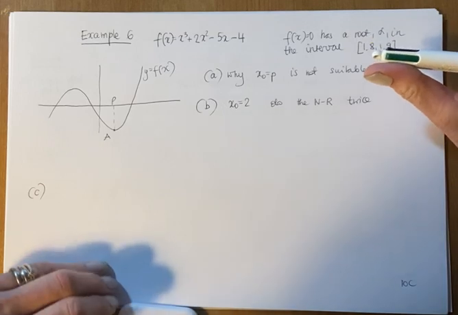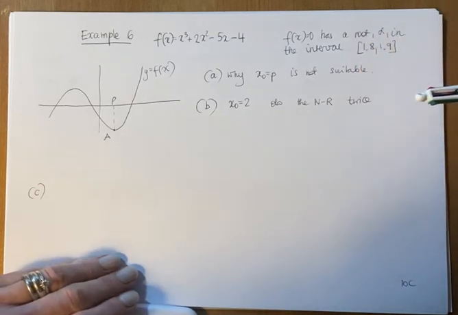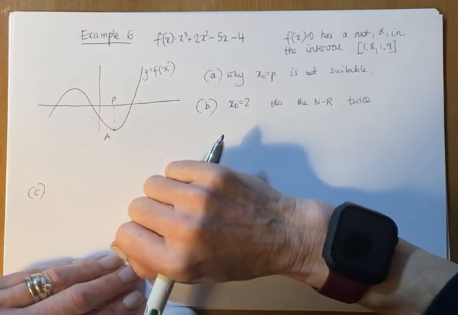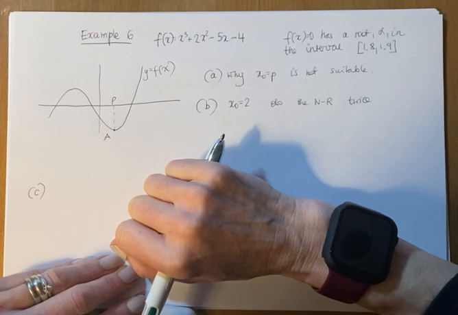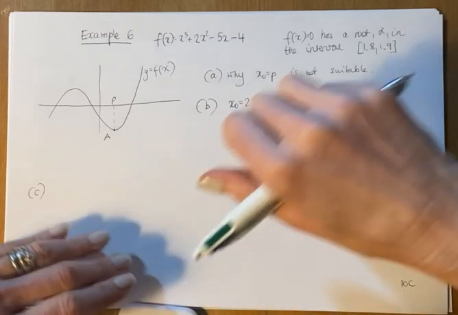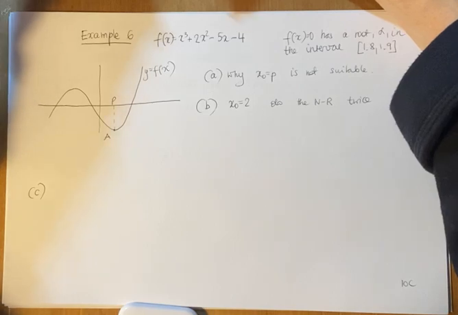So let's have a look at the examples that follow this section. So in example 6, we've got another cubic. It's been sketched for you, and f of x equals 0 has a root alpha in the interval between 1.8 and 1.9. So we are told this, we don't need to show it.